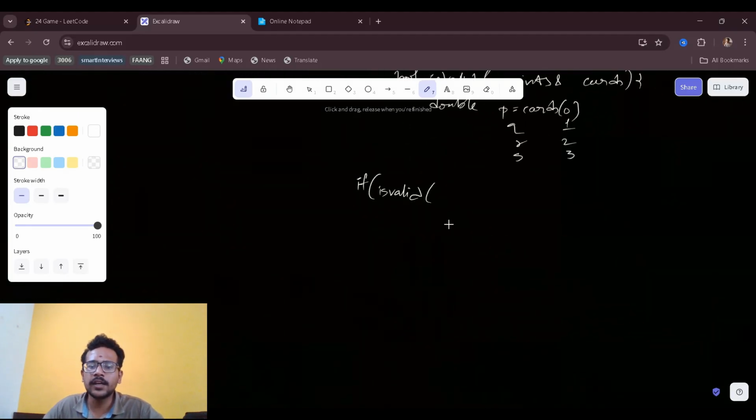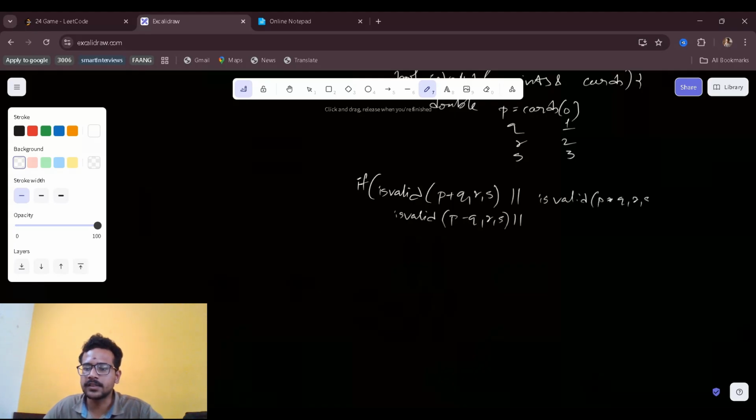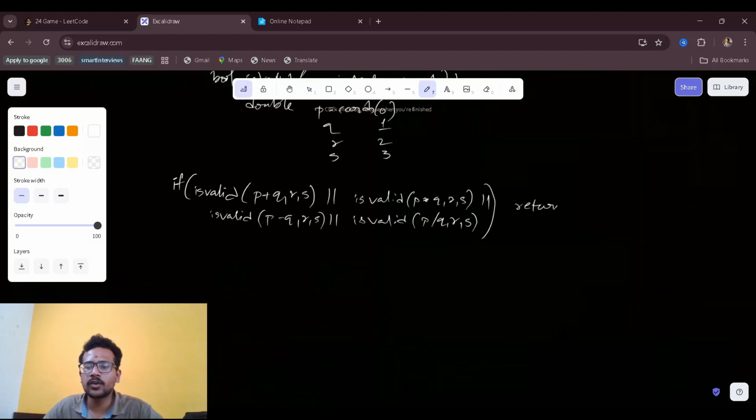So if is valid P plus Q comma R comma S, or is valid P minus Q comma R comma S, or is valid P into Q comma R comma S, or is valid P by Q, nothing but division, comma R comma S. If anything out of this is valid, return true there itself.